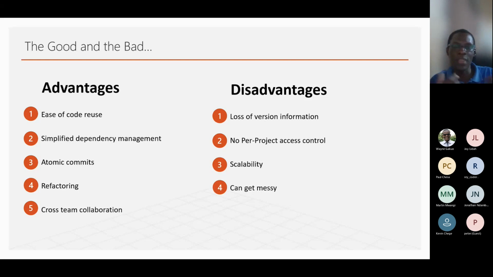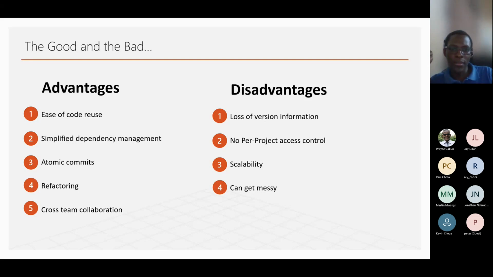Each team has visibility on what the other team is doing. So it promotes team collaboration, and every person in the team has visibility of what other people are doing. When we come to loss of version information, this is specifically in the realm of monorepos.